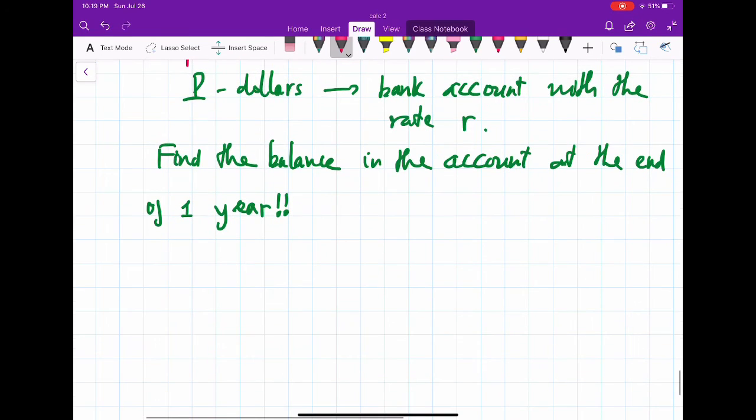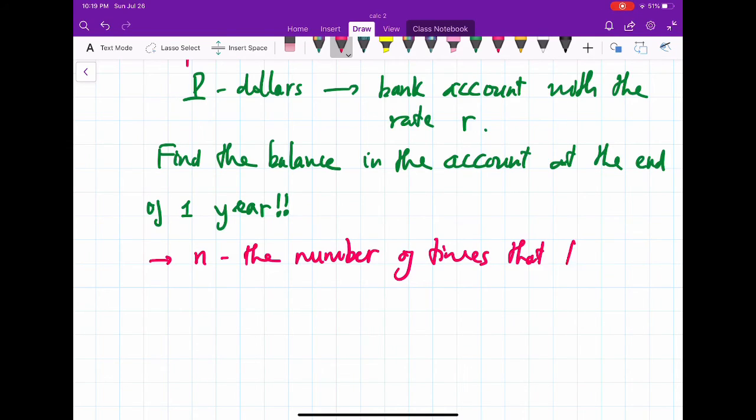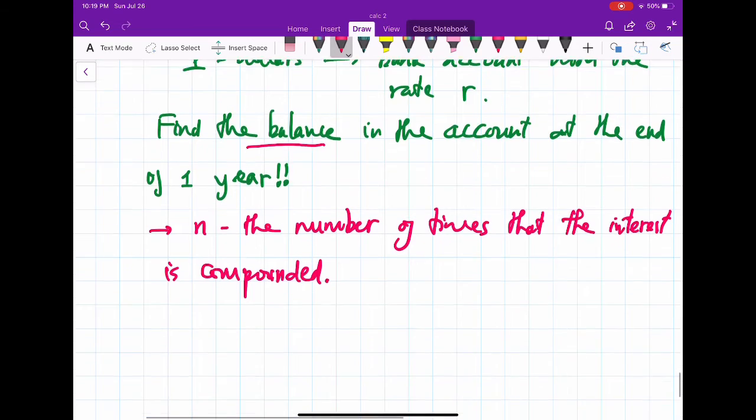So you need to find, n is the number of times that the interest is compounded. Otherwise, we cannot find the balance in the account at the end of the year. Look at this picture.